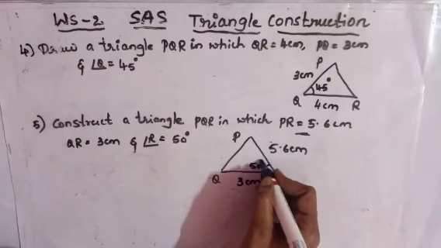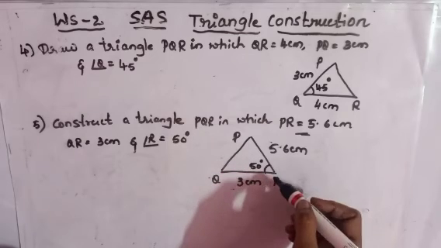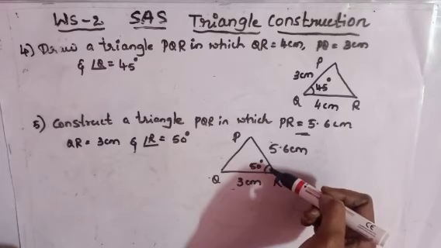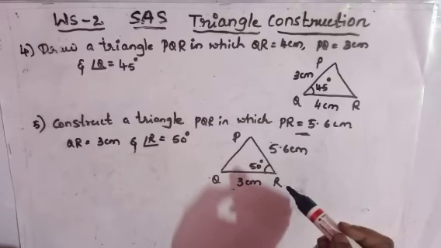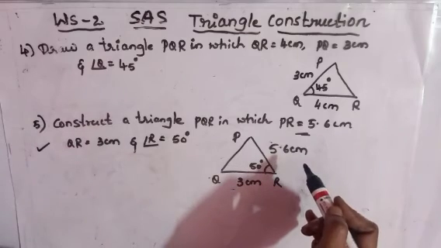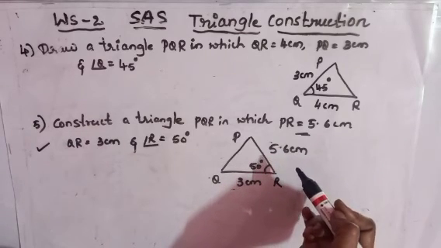We had to make an angle of 50 degree with the help of protractor, not with the compass. So you have to do this sum by yourself, children. Take it as homework. Try to do by yourself.